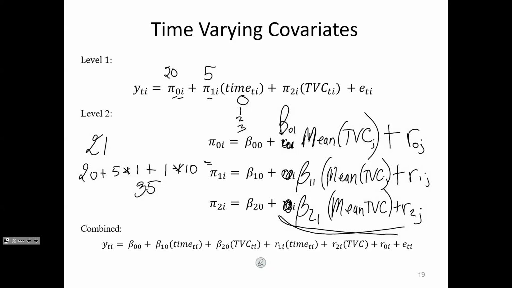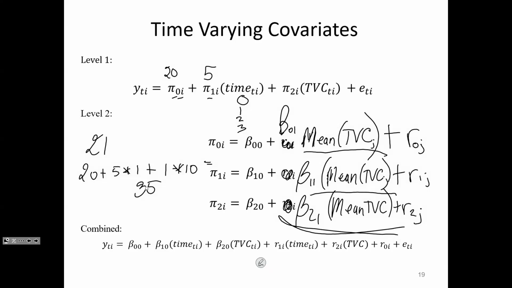Theoretically, you could just add it to one of these equations. Just like any other group level or level 2 predictor, you don't have to put the same set of level 2 predictors across all of your equations. Personally, I think you have to remember that the intercept is really just the predicted value when time is 0. So you might think, well, it depends.